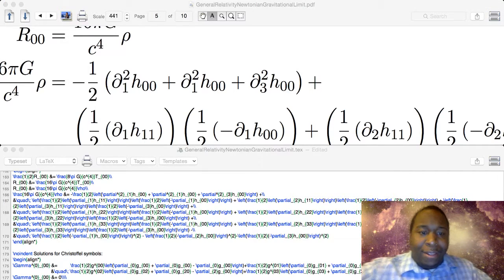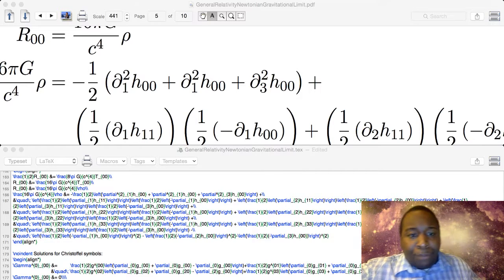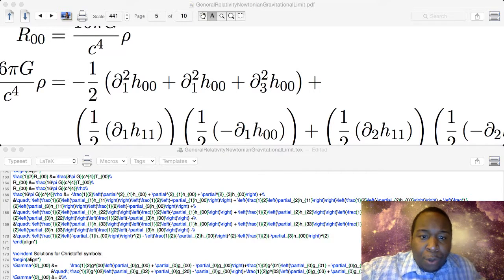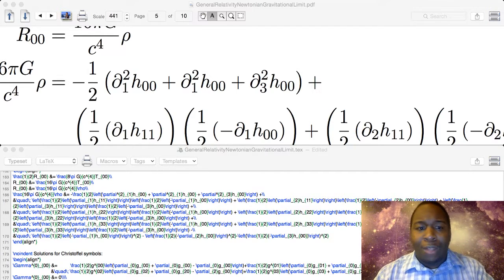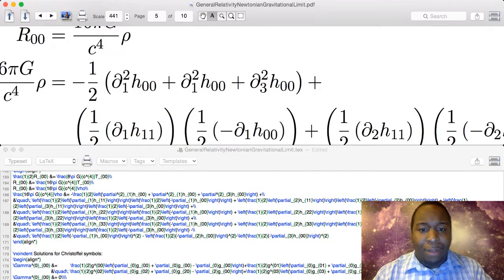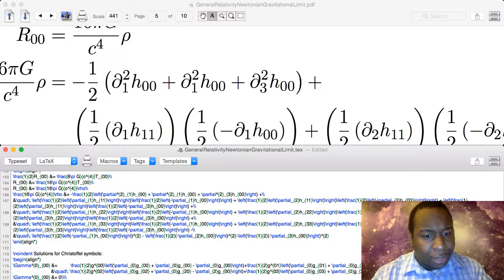But basically this sum of the second order derivative of h sub 0,0 plus the second order derivative. Oh wait, that's one thing that's not right there. That should be a 2. Should be a subscript 2 there.